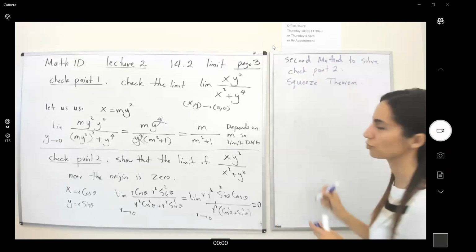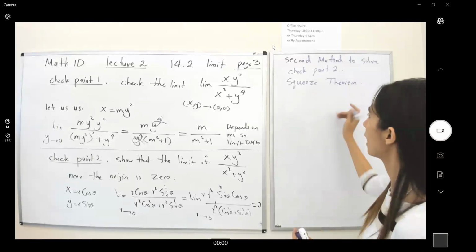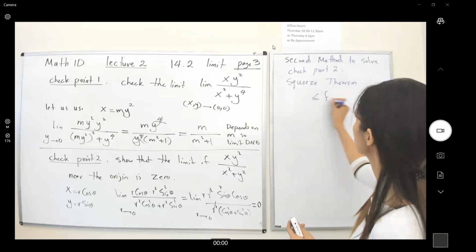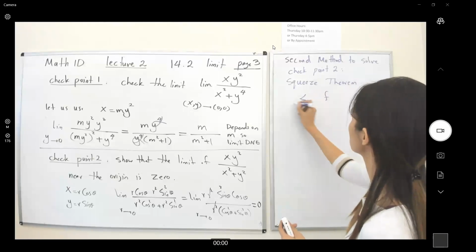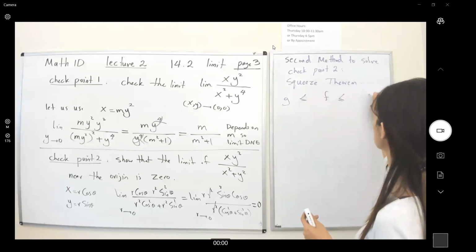Squeeze theorem, or sandwich theorem. This theorem says if you have three functions, f, g, and h.